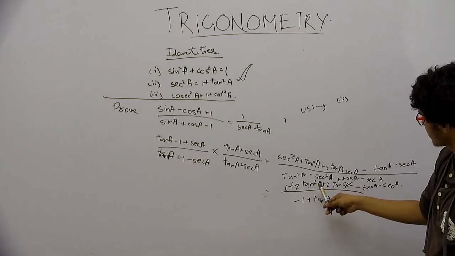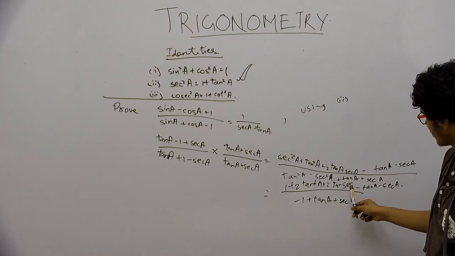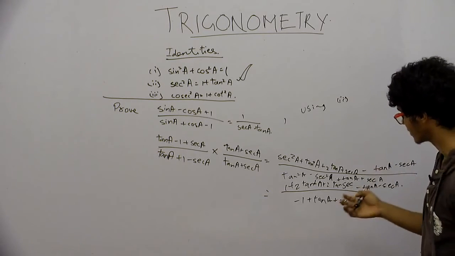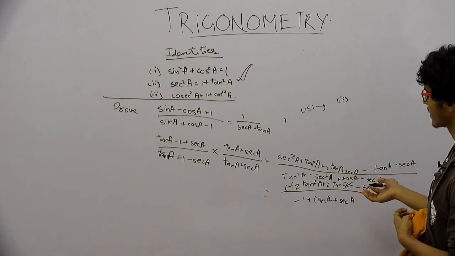We get this as sin square A by cos square A into sin by cos square A. If we continue like this, we will get the answer.